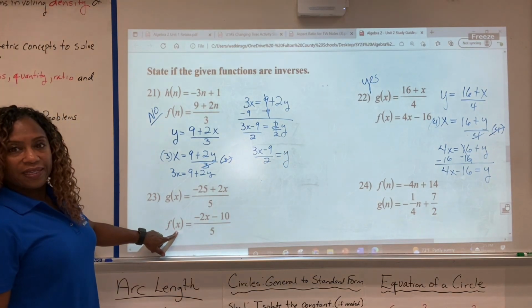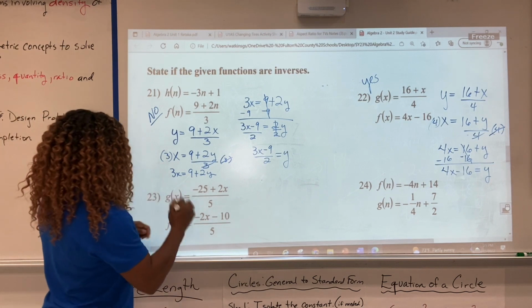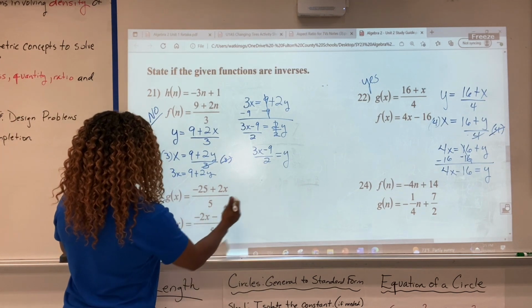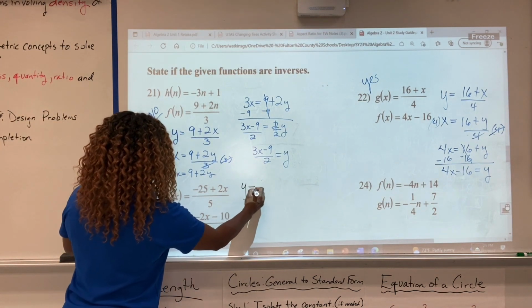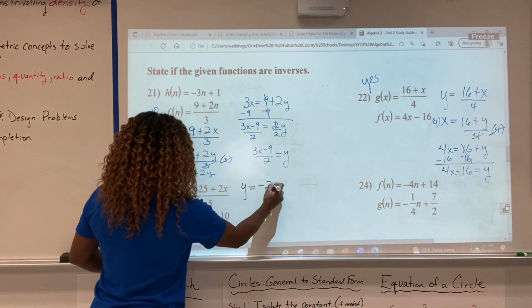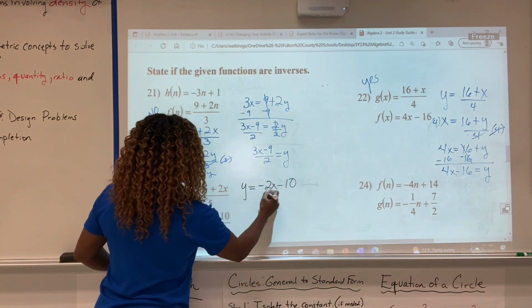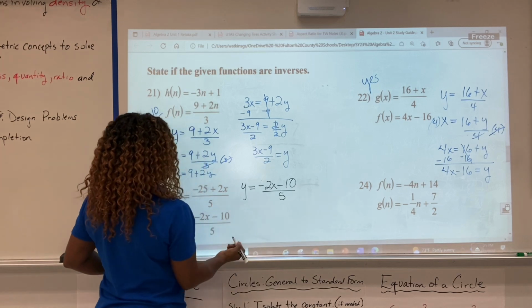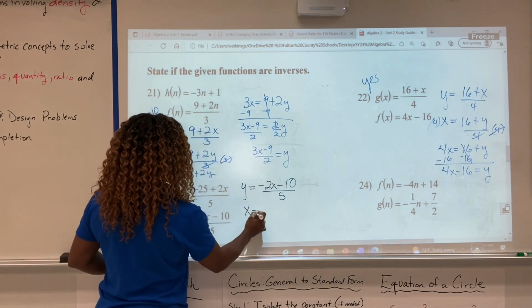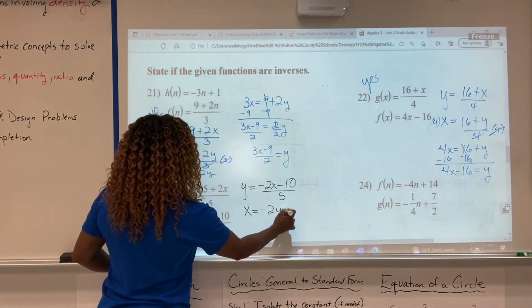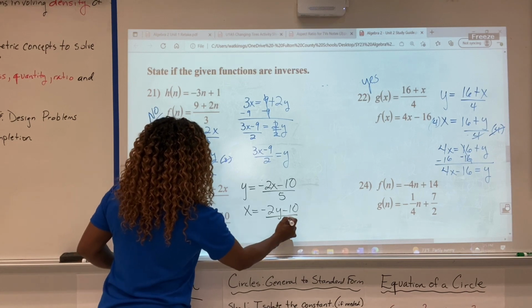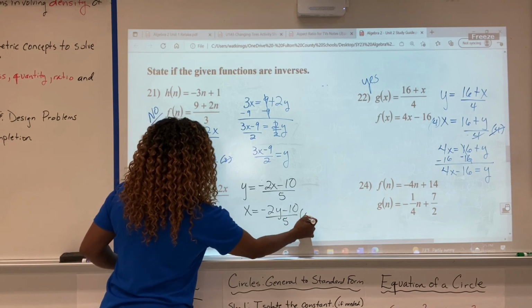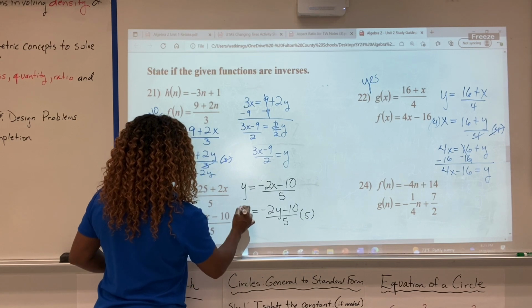Let's do the f of x. So, go ahead and do step 1. I'm going to rewrite this as y equals negative 2x minus 10 over 5. I'm going to switch the x and the y, put the x here, put the y here, and solve for y. So I need to multiply by 5 on both sides.